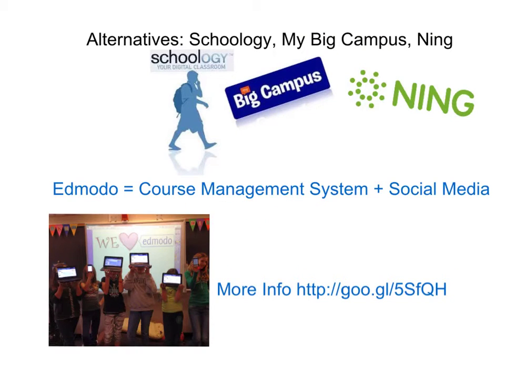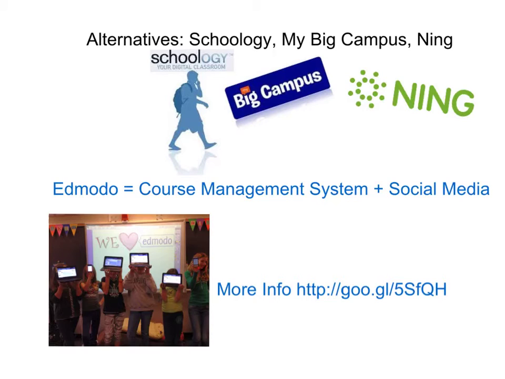Edmodo is a course management system, but it also incorporates social media elements. So it's a learning environment that's very familiar to the students. And Edmodo is not the only system to do this. Some alternatives are Schoology and My Big Campus. The three of those, Schoology, My Big Campus, and Edmodo, are specifically for a K-12 environment.